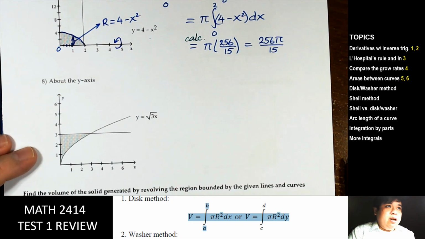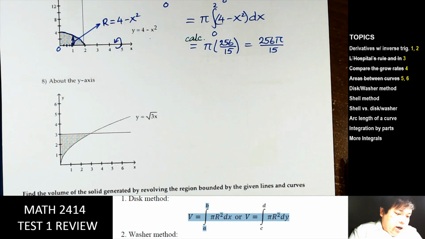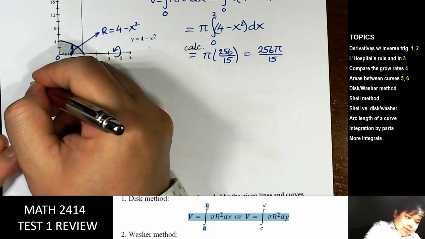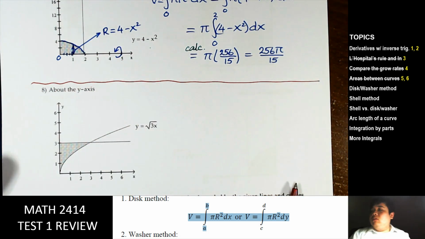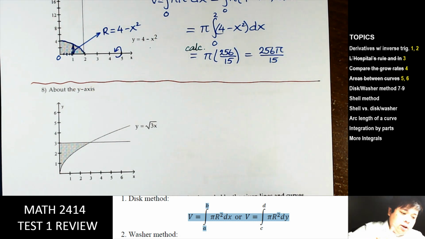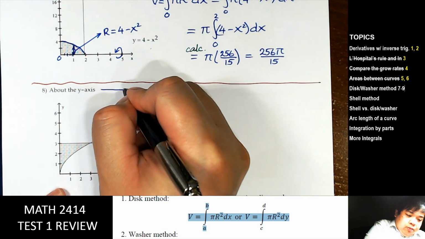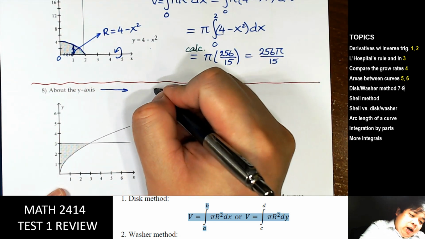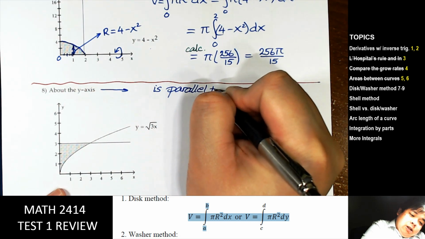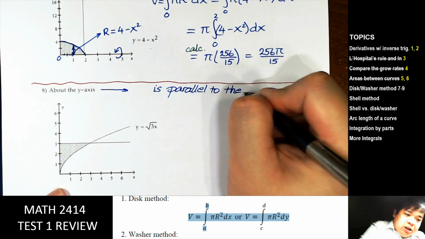Right, next. Find the volume of this region rotating about the y-axis. Now first, we have to choose either dx or dy that is parallel to the axis of rotation.